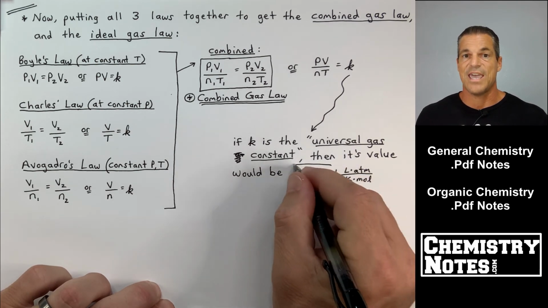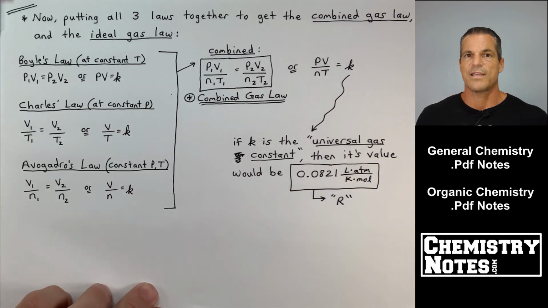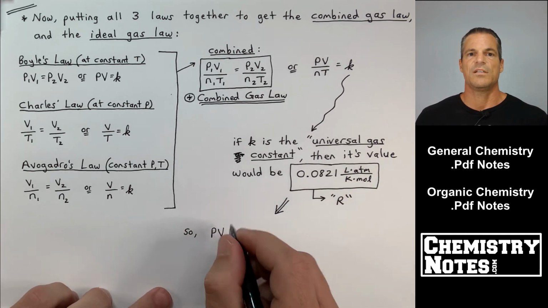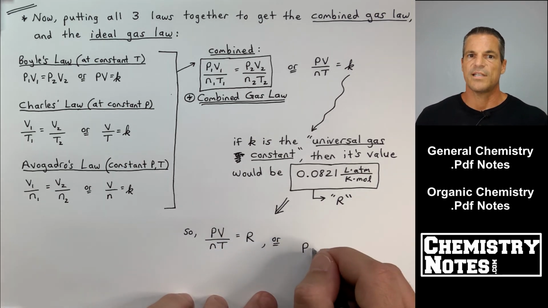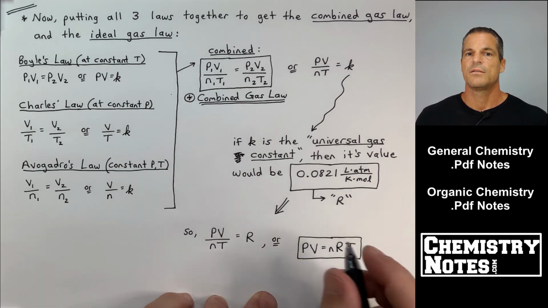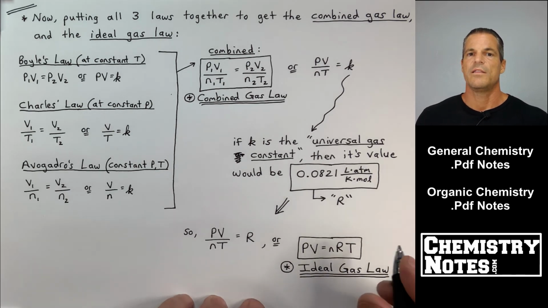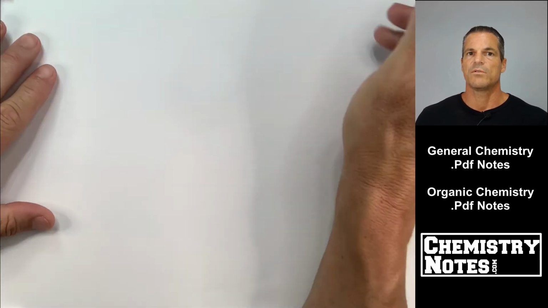So if I set K equal to the universal gas constant represented by capital R, I would have rewritten PV over NT no longer equals little k, but it equals R. Cross multiply, set them equal. I get PV equals nRT. So in this page of notes here, we've derived our combined gas law, and then we've also achieved the ideal gas law, PV equals nRT.